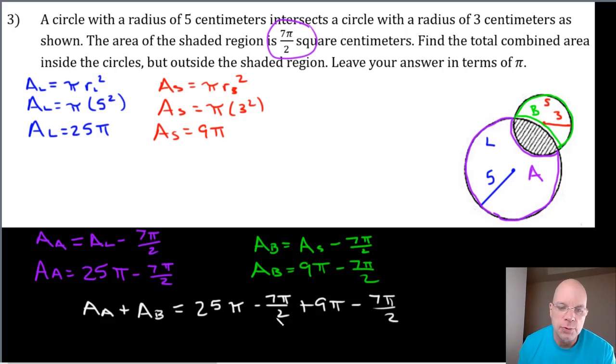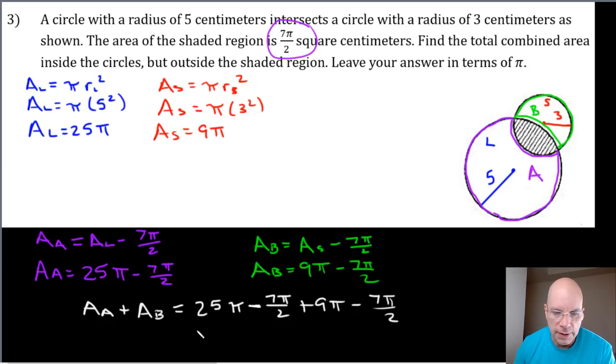And you know from PEMDAS we should do the subtraction and addition in whatever order we see as we go left to right, but if you can recognize that subtracting 7 pi over 2 is the same as adding negative 7 pi over 2, you get some experience with manipulating expressions like this, and you realize you can associate.